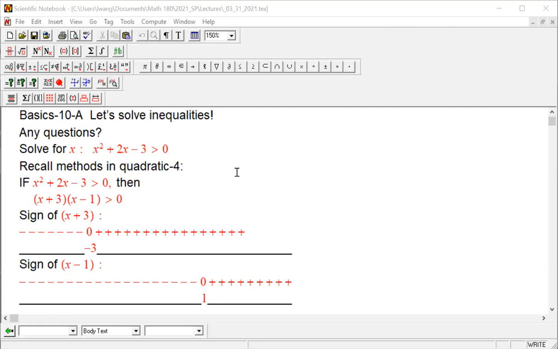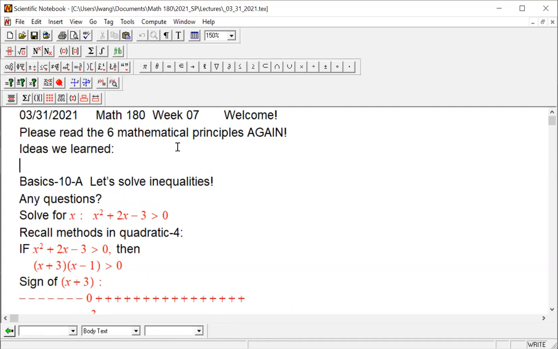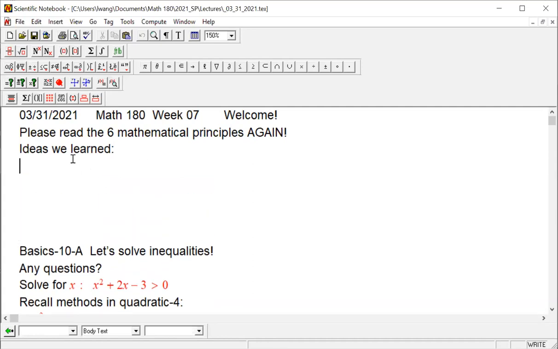So the ideas we learned. First one, how to find Y-intercept. How many? There's only one, if it is a function.